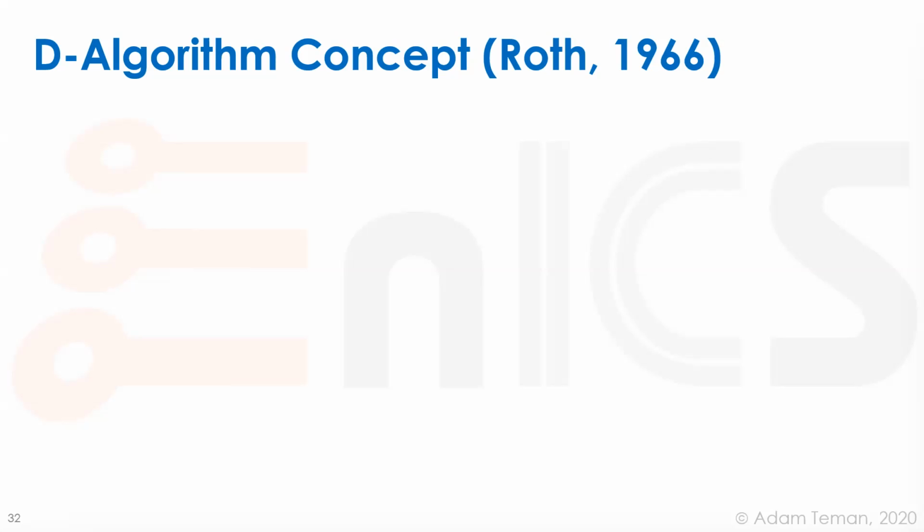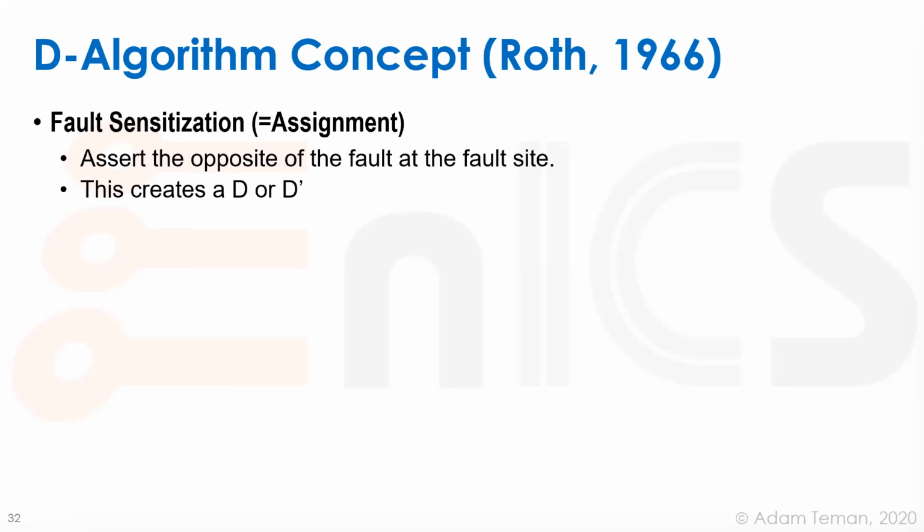And so the first algorithm that came up, by IBM, a guy named Roth in 1966, is called the D algorithm. And the D algorithm has the concept I said on the last slide. He gave them names that you hear a lot of times. They're called fault sensitization. So you're going to sensitize a fault. What that means is a really simple thing: I'm going to assert the opposite of the fault at the fault site.